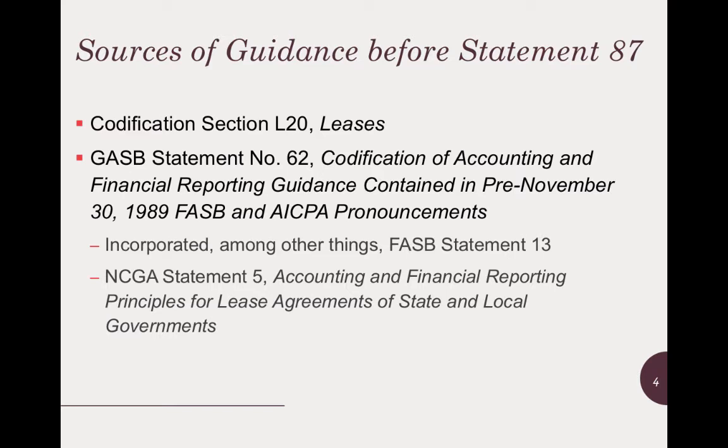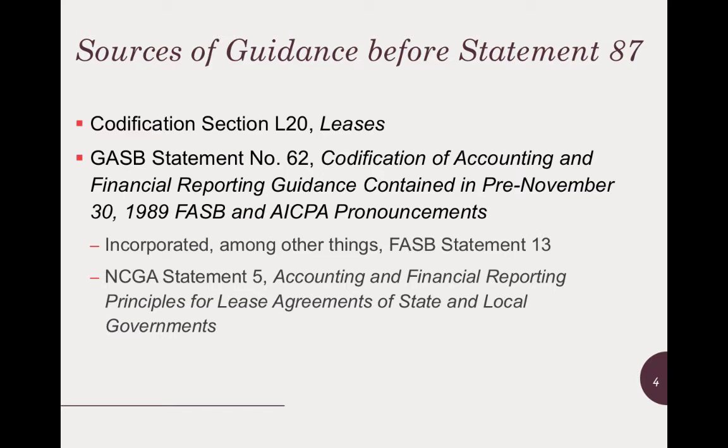of that guidance, but leases is an area that they did a little bit of work in with GASB Statement 13 on a particular kind of lease, but never went back and fully examined the existing literature. And then with GASB Statement 62, which was the culmination of GASB's project to take all of that literature, not just leases, but everything else that applied to state and local governments but resided in FASB literature or in AICPA literature, and to bring all of that into the GASB's own codification.